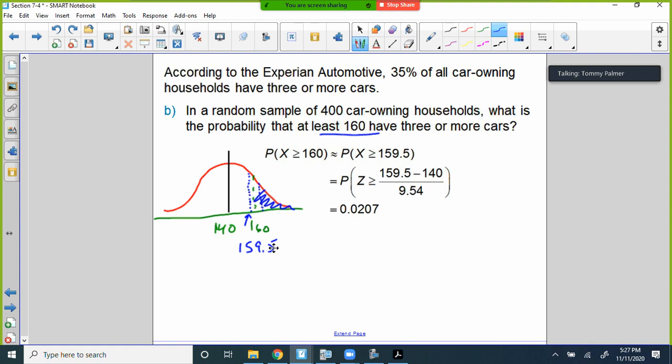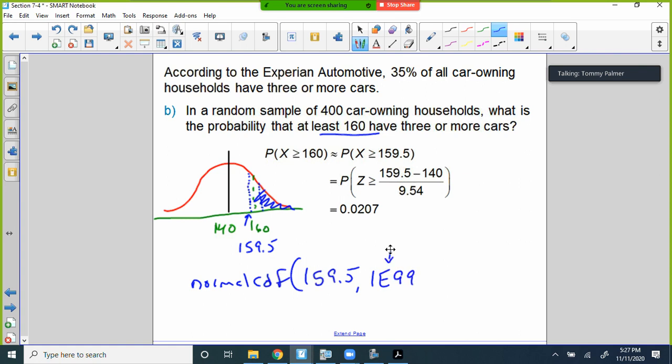And if you draw that little shape, the little normal curve, and see, do I include it? If I include it, then I have to go back to the left, right? And if I didn't include it, if it was just greater than 160, then it would be 160.5, right? So just draw it in and it'll make a little more sense. And then you could do, like on this one, normal CDF, right? And I'll write it out. The lower bound would be 159.5, right? Your upper bound would be 1E99.